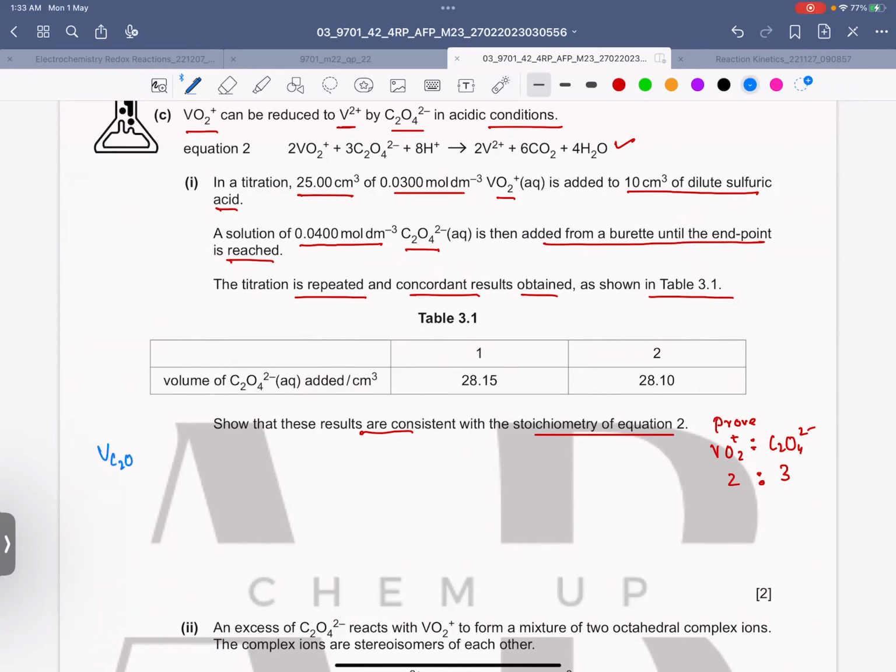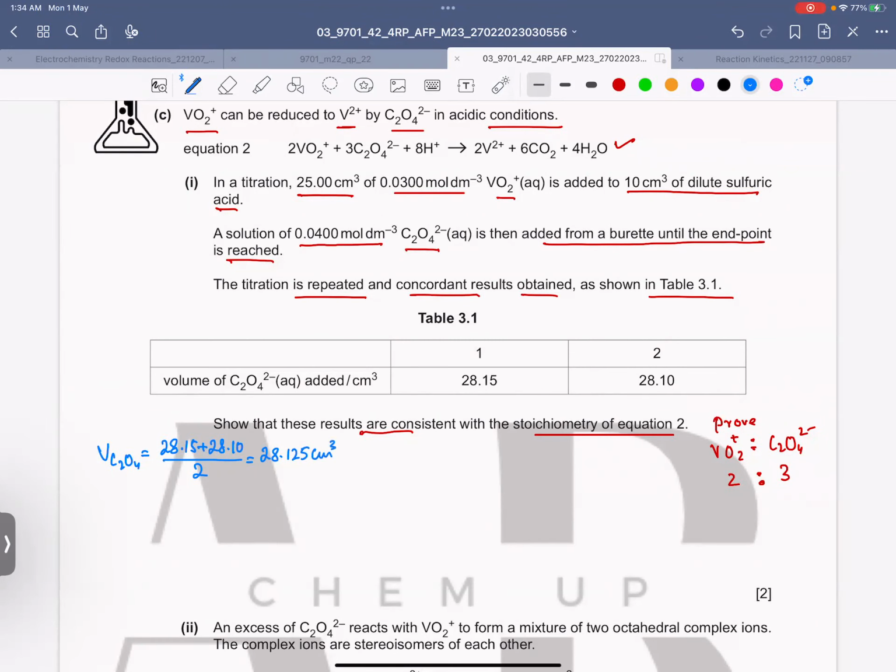So first find the average volume of C2O4: 28.15 plus 28.10 divided by 2. Can anybody tell me the answer? 28.125.